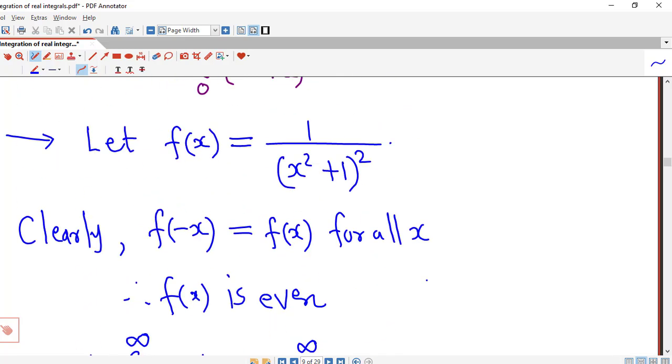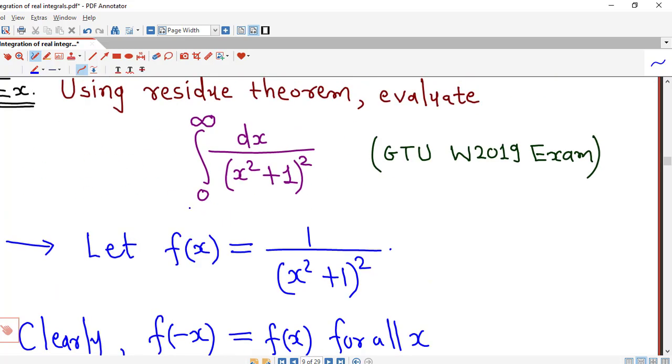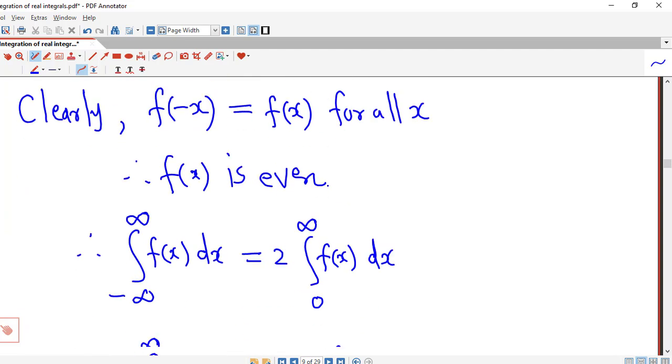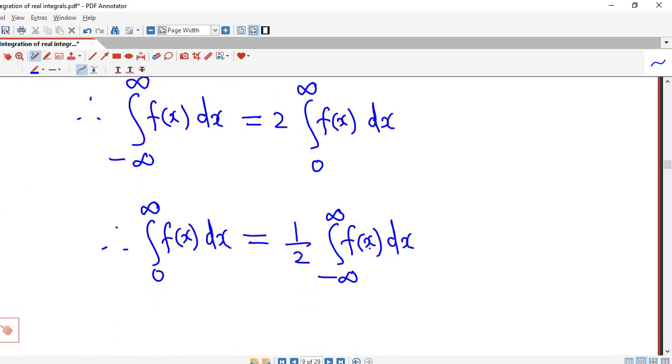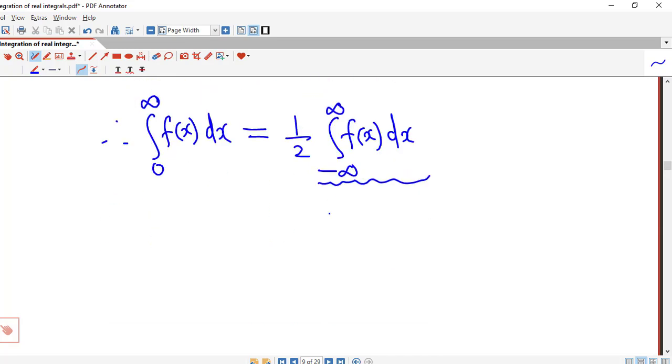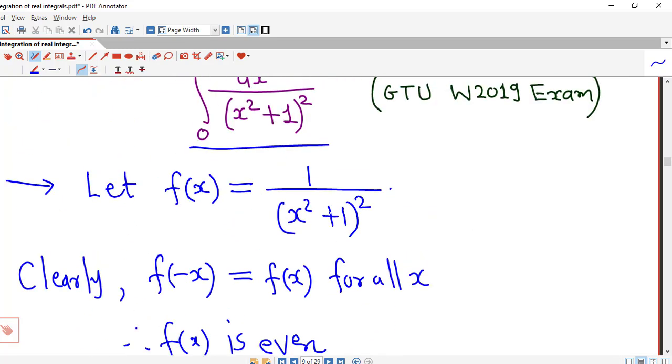We are asked to find the integral from 0 to infinity, but we have a formula for the integral from minus infinity to infinity. So first we will calculate the value of that integral, and this integral will be equal to 1/2 of that value. Now first we check whether f(x) satisfies the conditions or not.